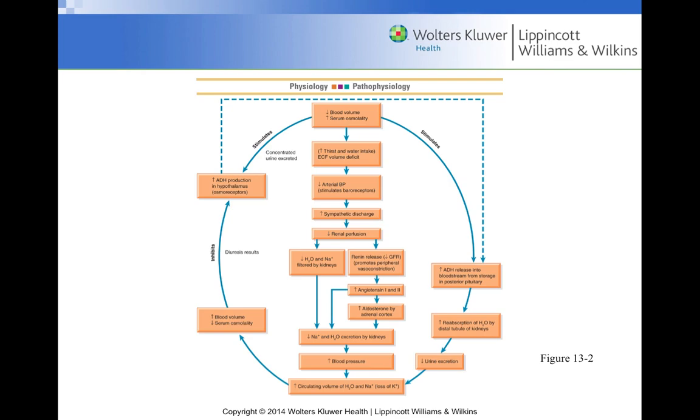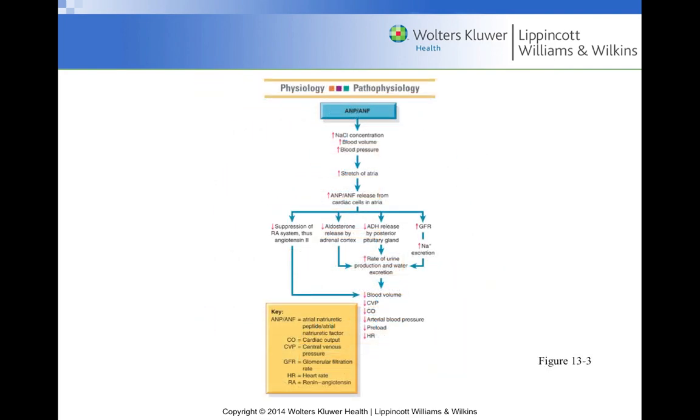Just kind of look over it, and that is also found in your text on page 243. Here we find another illustration that is also found in your text on page 244, which goes over the physiology and the pathophysiology of your ANP, which is the role of your atrial natriuretic peptide in the maintenance of fluid balance. Again, you do not have to memorize this or the flow of the chart. It is just for your visual illustration there.